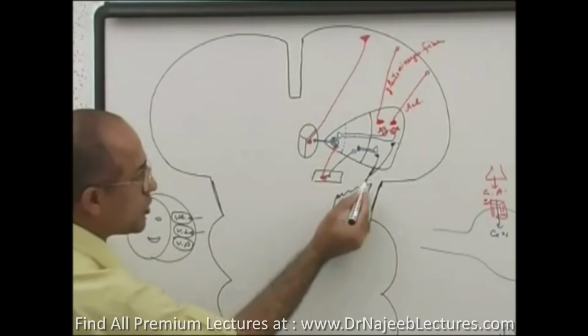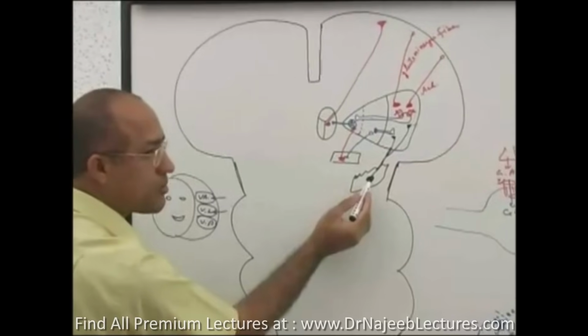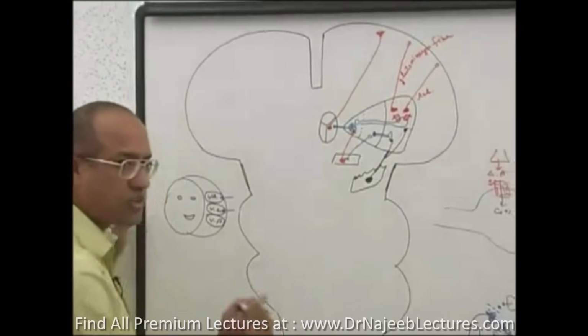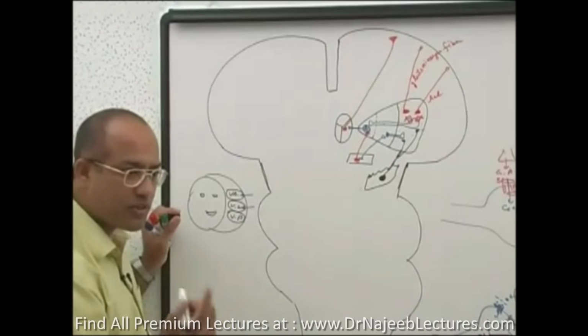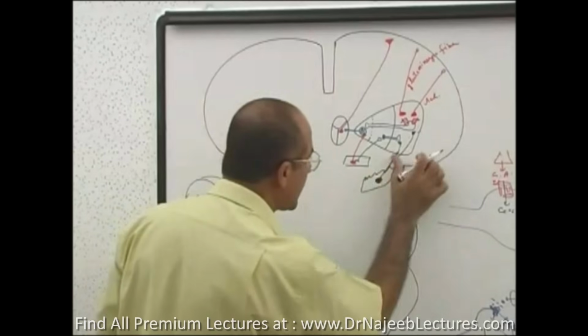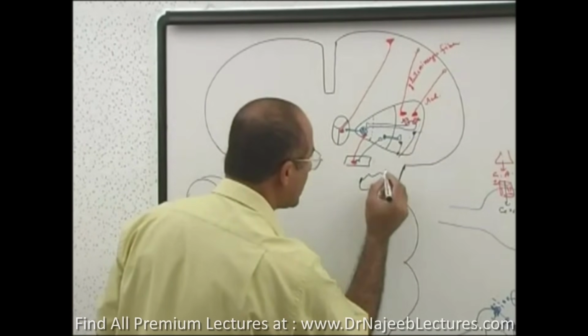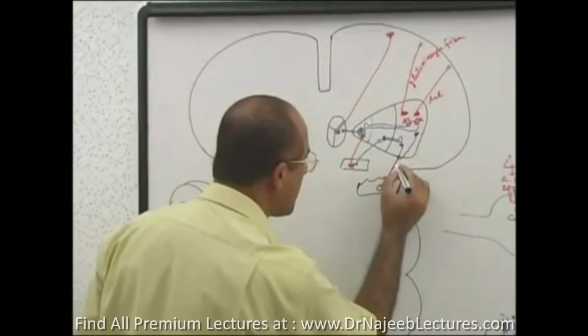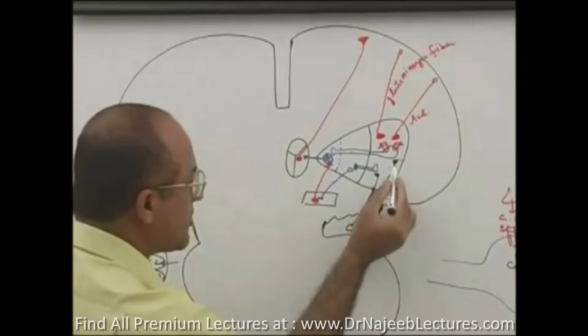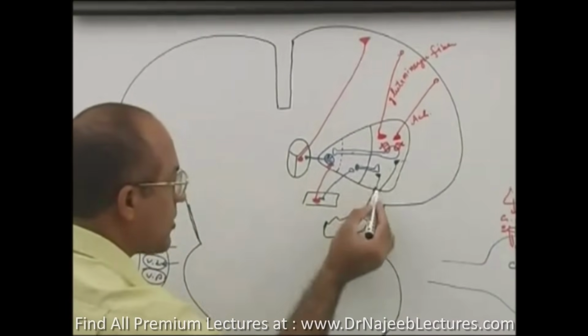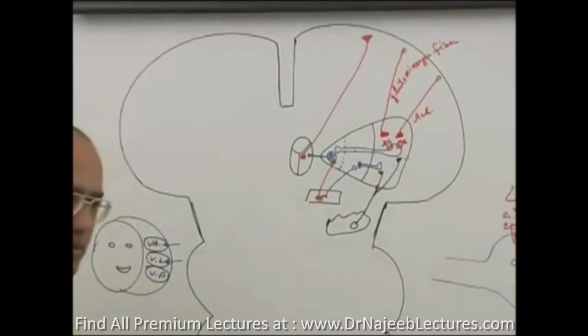These are called nigrostriatal pathway because they are going from substantia nigra to striatum. These nigrostriatal pathways are concerned with direct pathway as well as the indirect pathway.